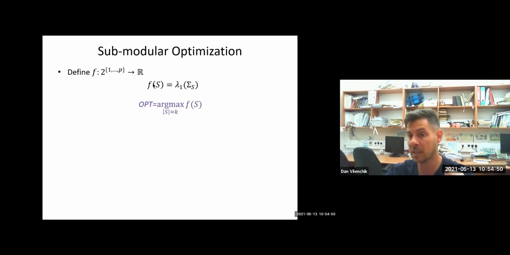So that's the mapping. And in this language, we just want to find the maximizer S of size k of this function.